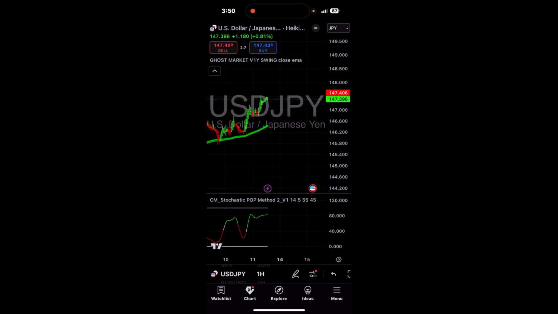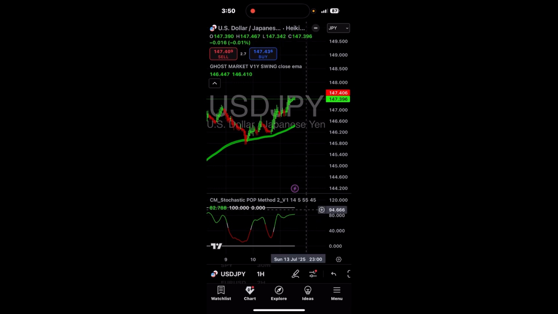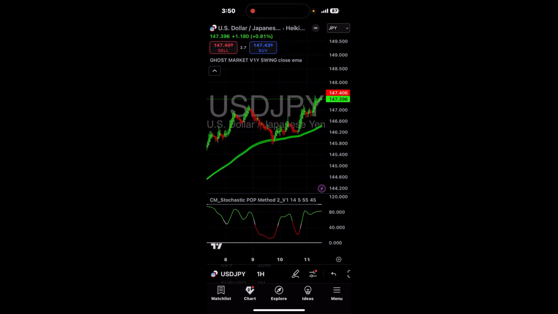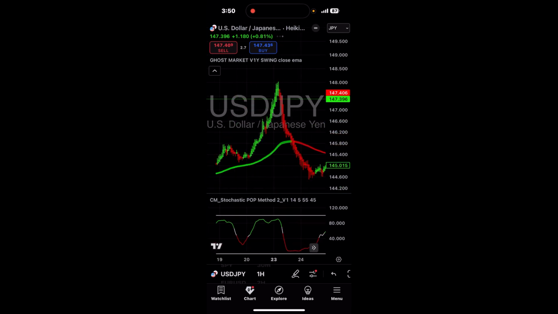Now, one thing that will help with trades is, if you look at the CM Stochastic and you look at the line, you'll notice that the line never goes past the top part right here. It never goes past 100.